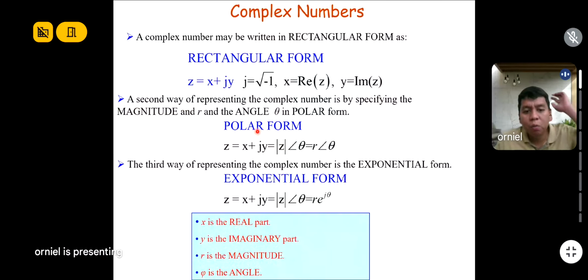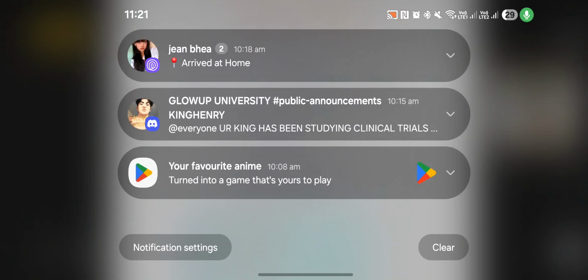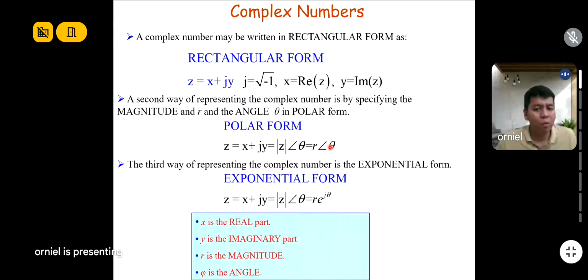Sir, how do we convert that into polar form? Basically, the polar form is R angle theta. We can convert from rectangular to polar by using SOHCAHTOA.